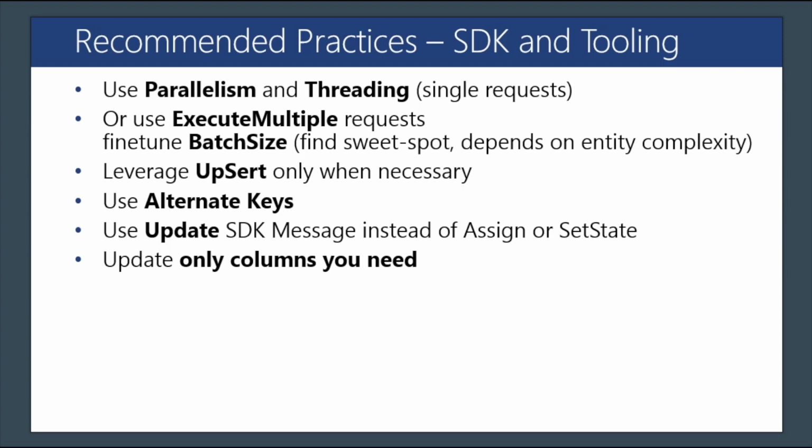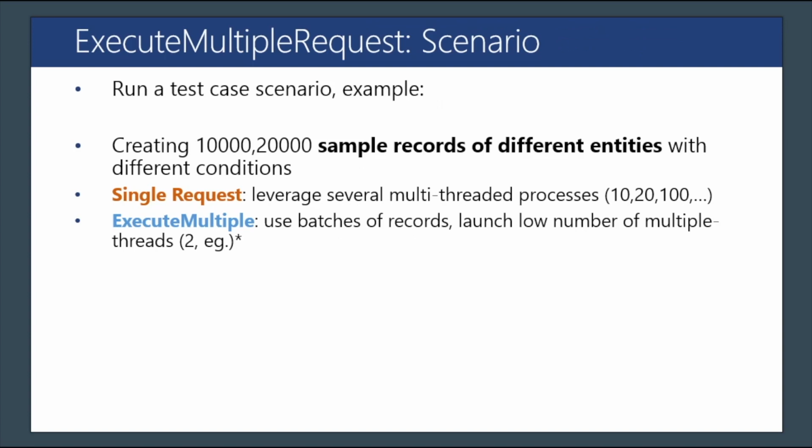But make sure that you only include meaningful columns in that migration. Not only when you're creating, but also when you're updating. Make sure that you reduce the number of columns only to the ones that you actually need to accomplish that migration of that record. Okay, let me just move to the next slide.